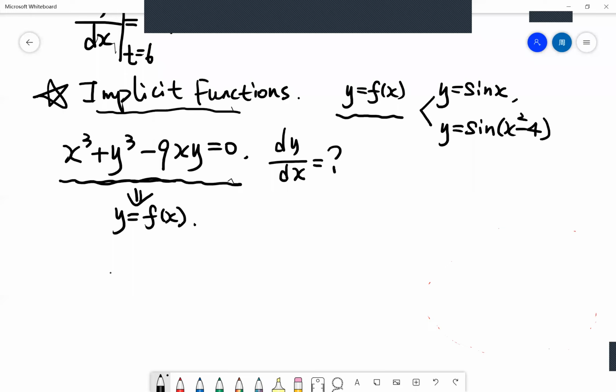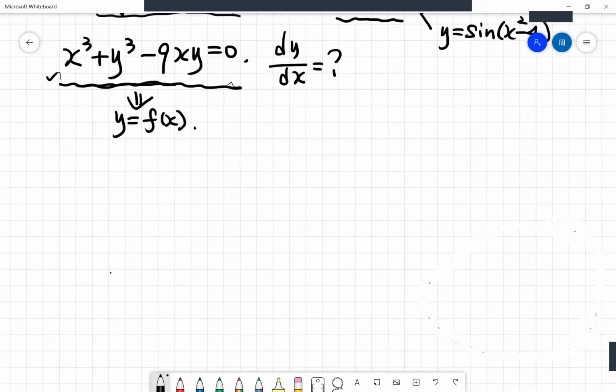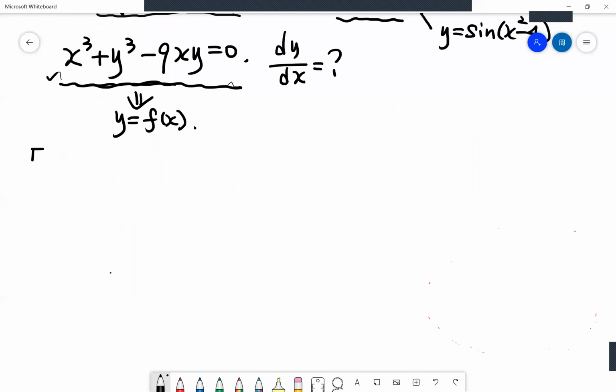What that means, I will give you an easy example and then we can solve this one. If a function is y squared equals x, how do we find dy by dx?